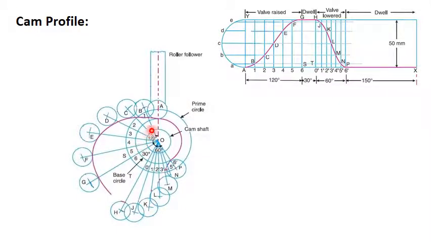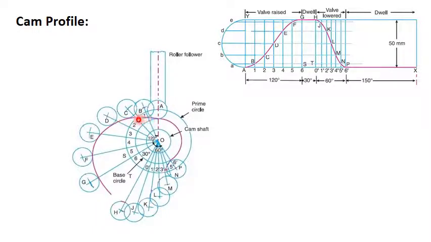Now the cam profile we have to draw such that it starts at this point and goes tangential. It should go tangential to all these circles. It should be just drawn touching all the circles. It should not interfere and go inside these circles.